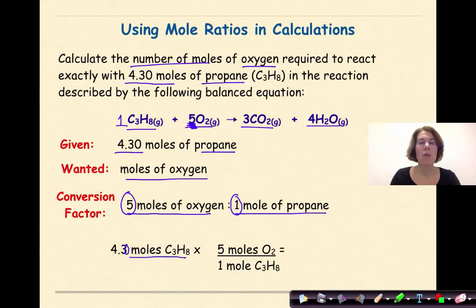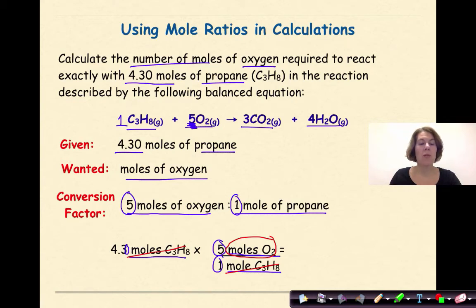Since I start off with moles of propane, that will go on the bottom of my ratio. I want moles of O2. The 5 and the 1 are coming again from the balanced equation. Once I have this set up, I want to make sure that my units cancel. Moles of propane cancels moles of propane. I'm left with moles of oxygen, which is what I want in the end.